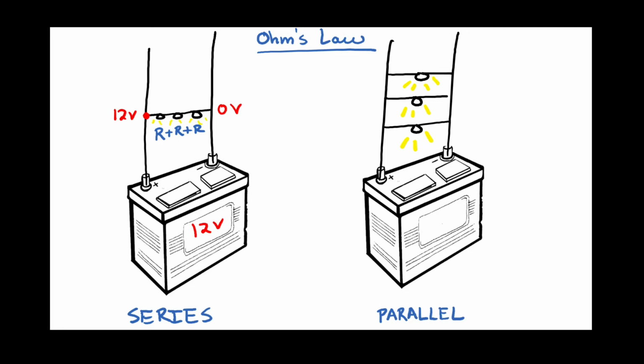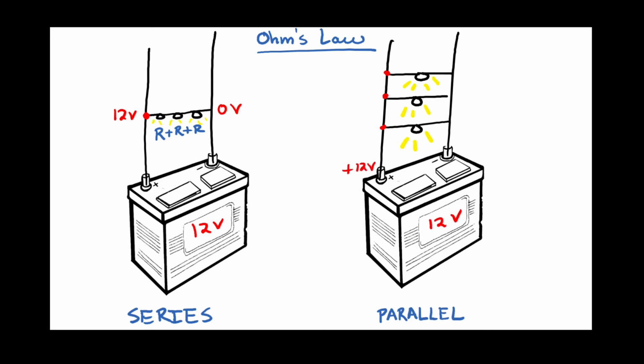When all three of those light bulbs are in series, their resistance adds, and therefore we get a dimmer set of light bulbs.